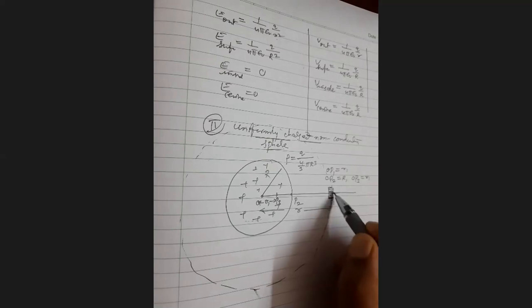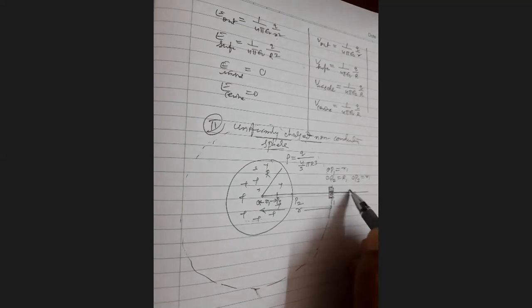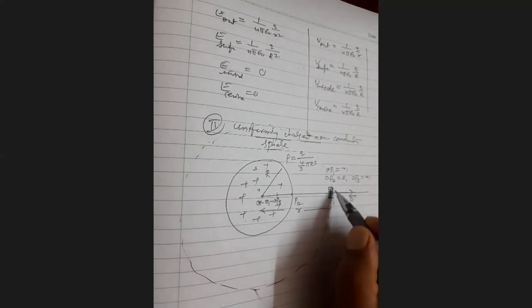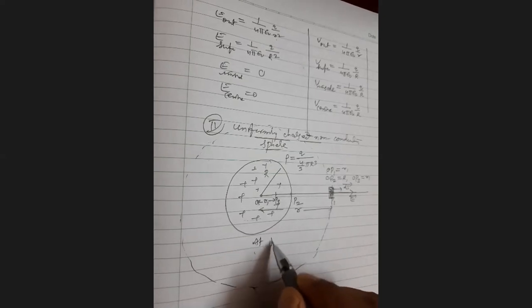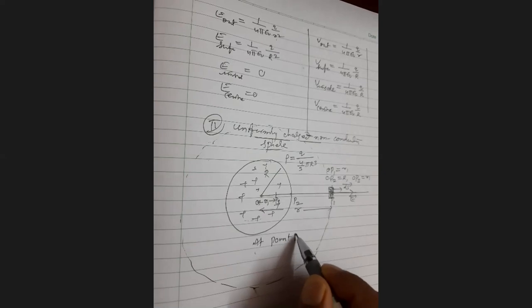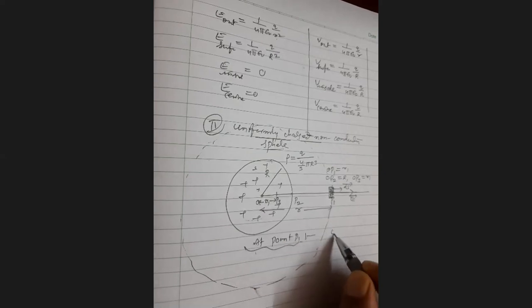The direction of field strength is always radially outwards. This is the field strength direction, E bar. Here, the normal to this area element, dS bar direction, is also parallel to E bar. It is very clear that at point P1, E bar is parallel to dS bar.